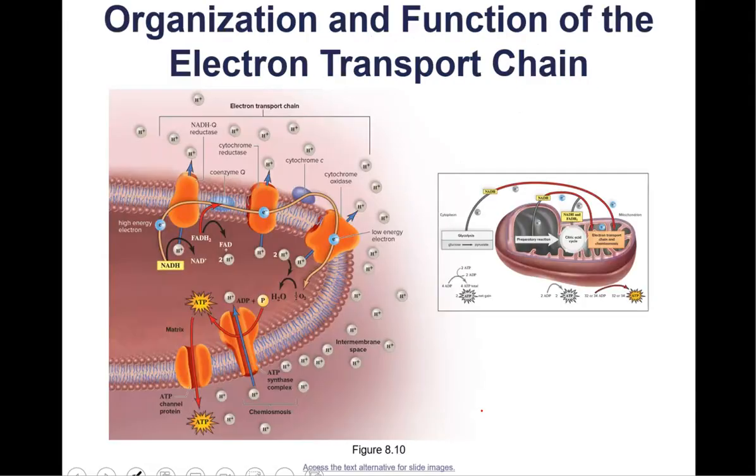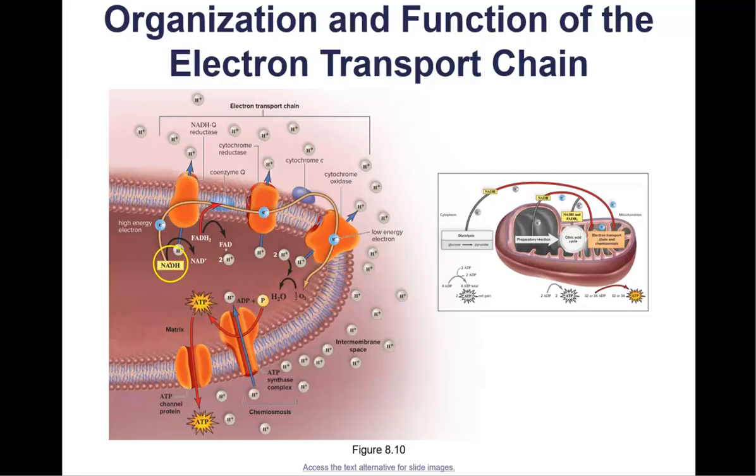Okay, so basically let's look at a picture first. The source of the electrons is going to be the hydrogen atoms that are attached to NADH and FADH2. So NADH is broken down, hydrogen ions are released, and you see hydrogen ions accumulating inside the mitochondria.